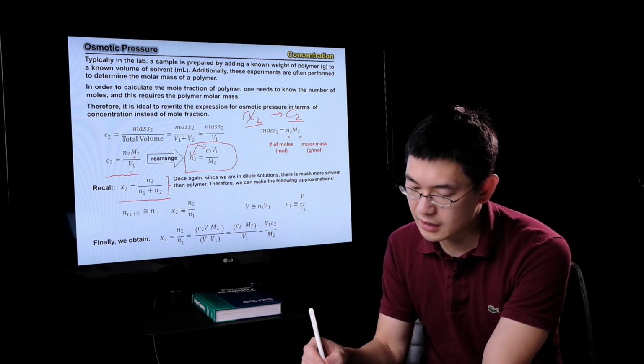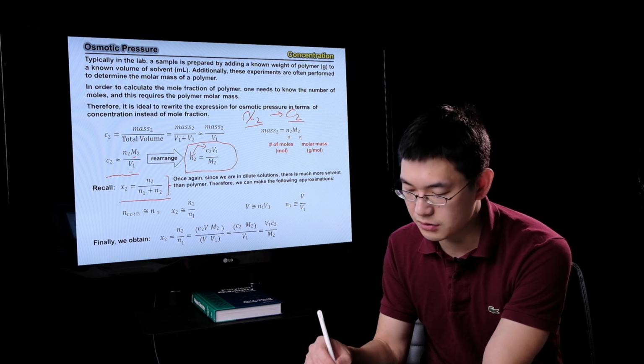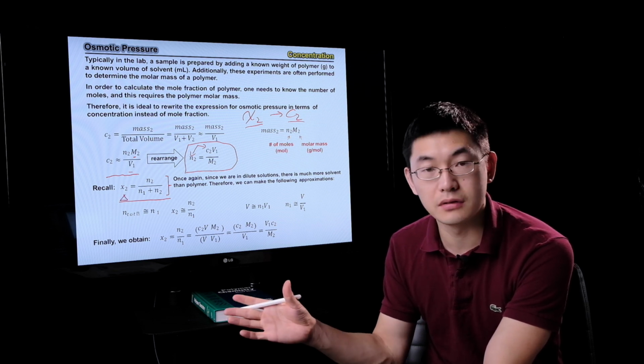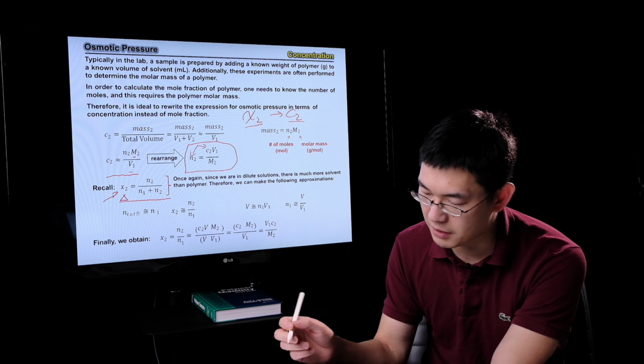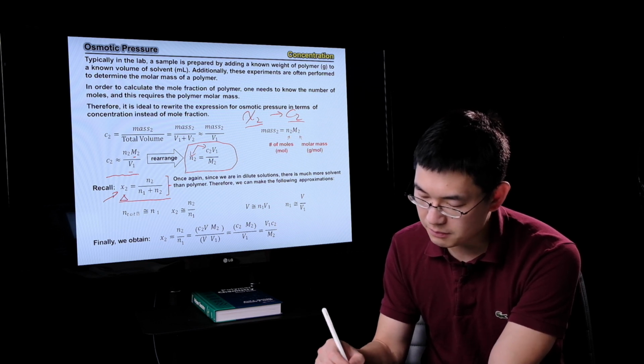You add them together and use n2 divided by this, and you can get x2. x2 in this case, let me remind everybody, would be the molar fraction.